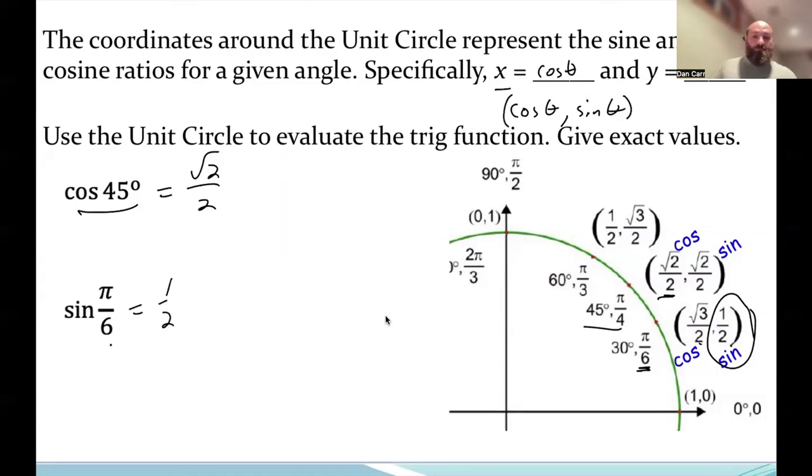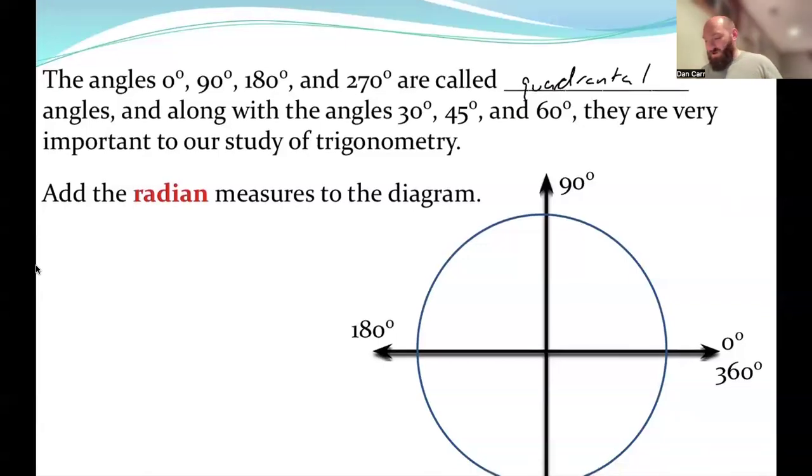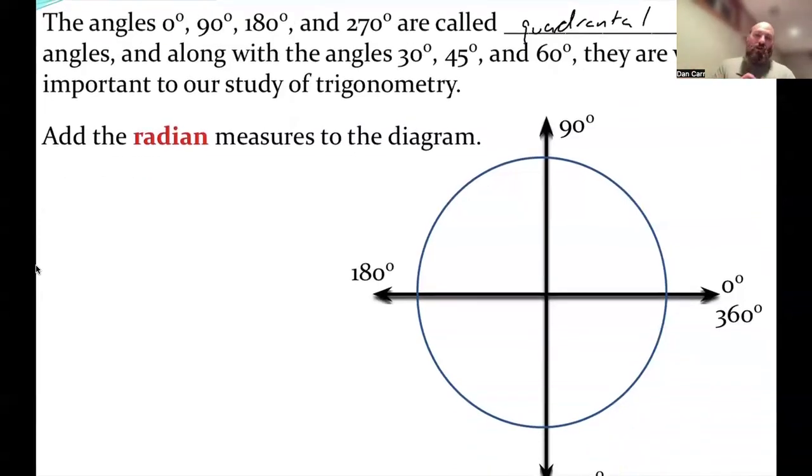And that's it. Okay. So the angles 0, 90, 180, and 270 are called quadrantal angles. I think I'm saying that correctly, but it's more important that we recognize what they are for their relationships here.